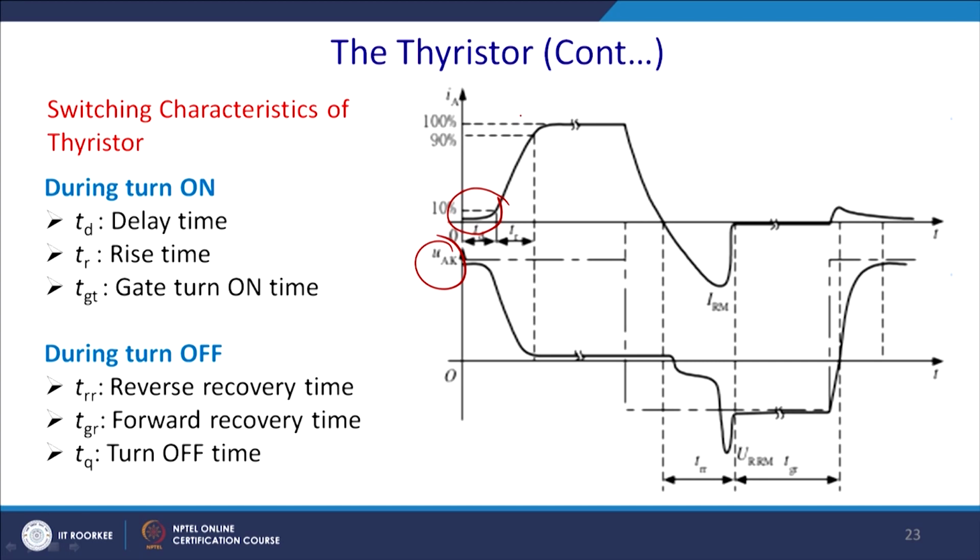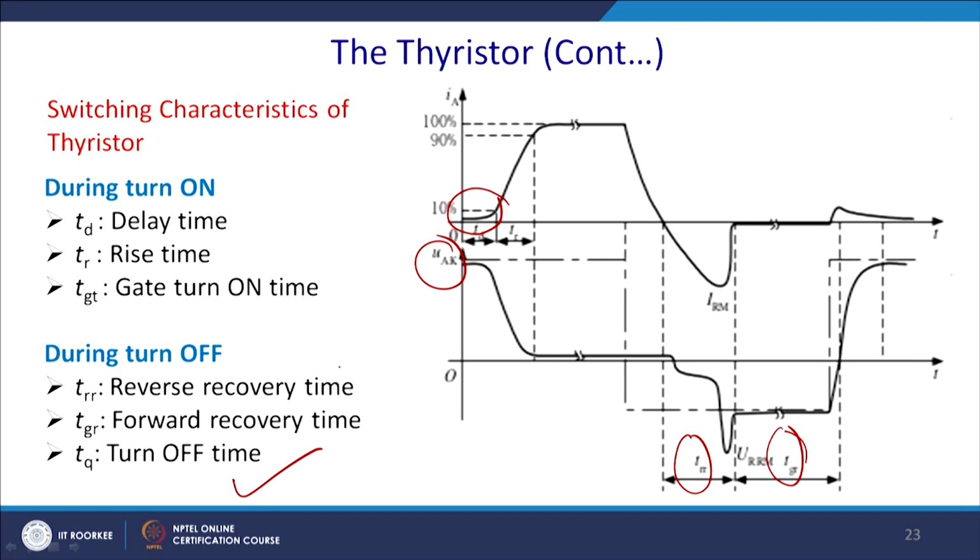Similarly, we come to the reverse recovery time. The reverse recovery time depends on the current. trr is the reverse recovery time, and this one is tgr, and the total time is said to be the turn off time, represented by tq. This is a very important feature of the reverse recovery time. So, when will it be off?